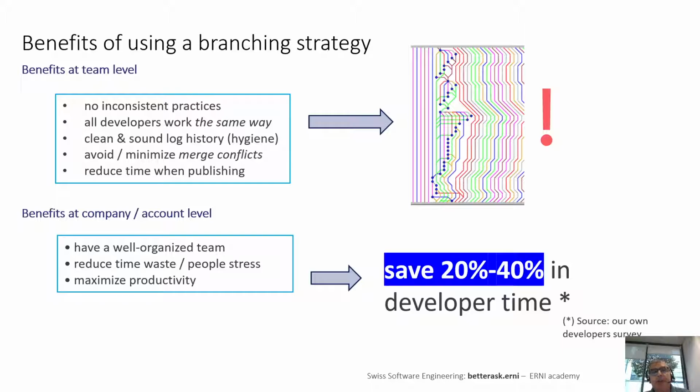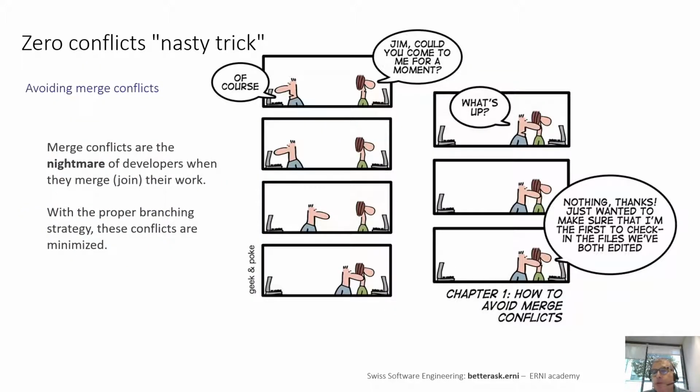Okay, we did a survey with that. We introduced this joke about merge conflicts. It's about something nobody wants to have. And in this joke, the guy on the right tells his colleague to come here so he can make a commit, so he avoids having merge conflicts, and the merge conflict would go to the poor guy on the left side.